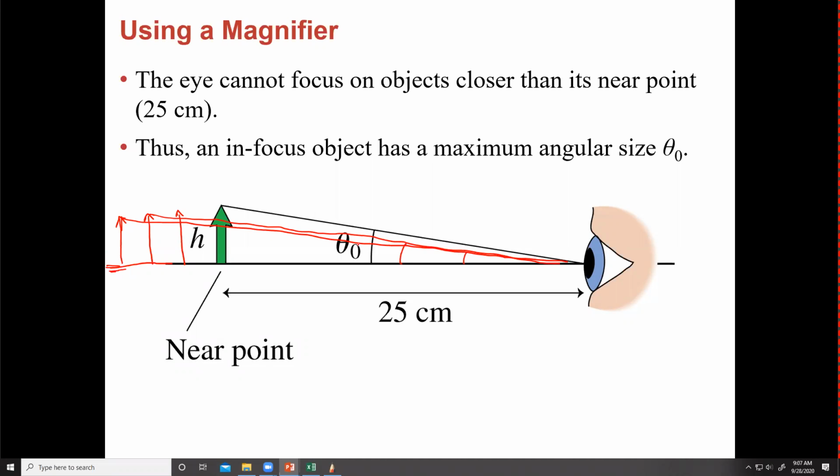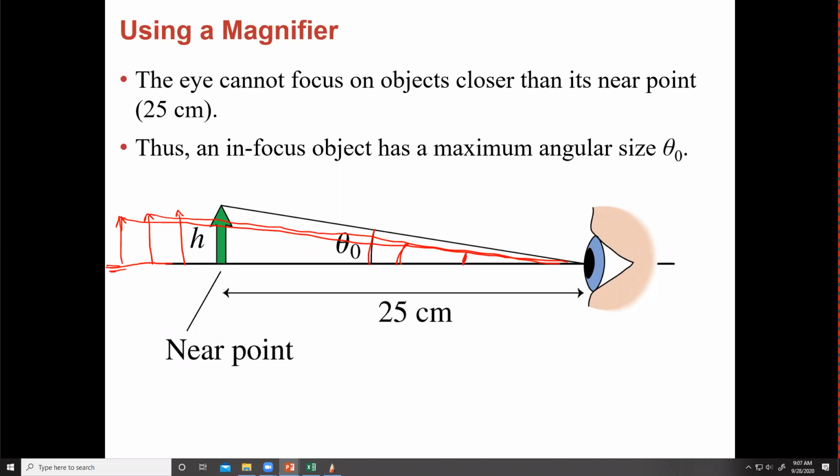As you move it closer and closer, the angle gets bigger and bigger. So the image formed on the retina gets bigger and bigger as you move the object closer. But there is a limit to that.